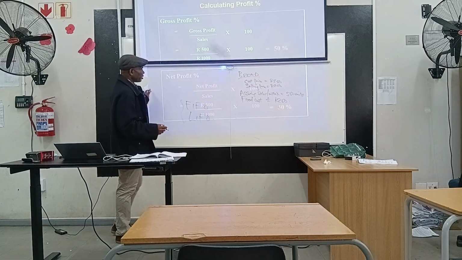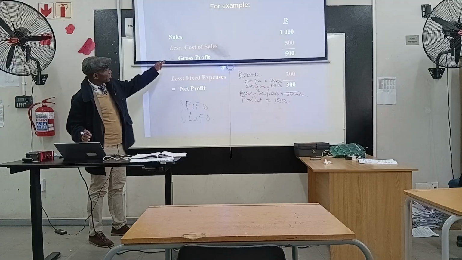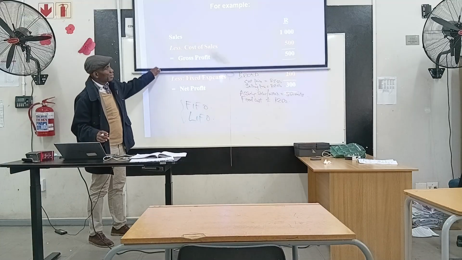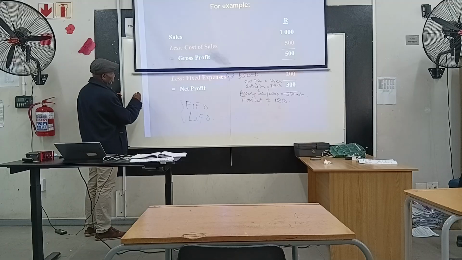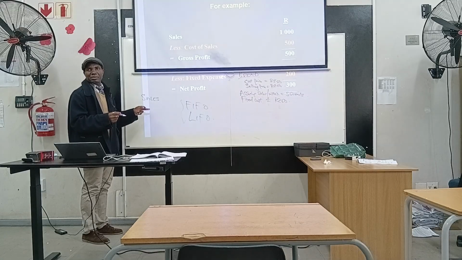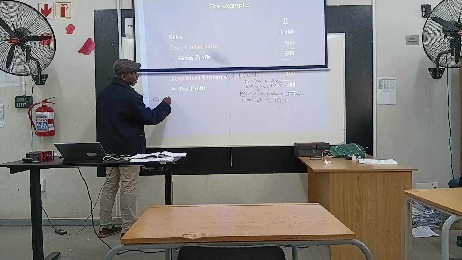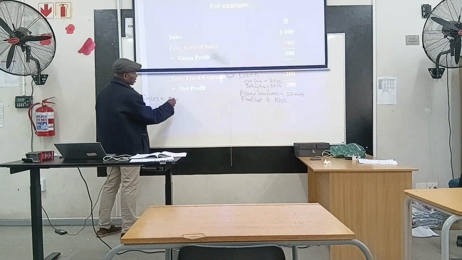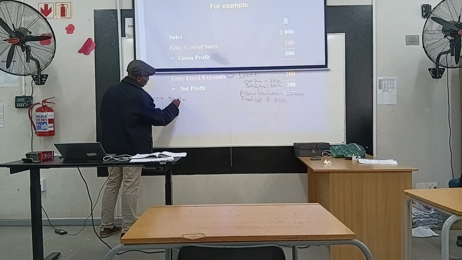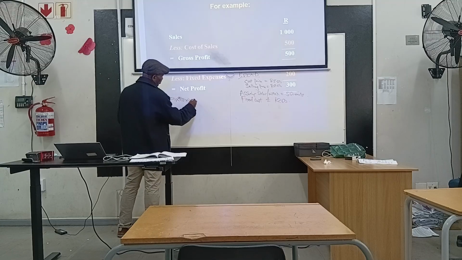Now I need to calculate the sales just like we did here. The sales are going to be 500 times the selling price, 8 rand. What's going to be the amount? Is it 4,000?